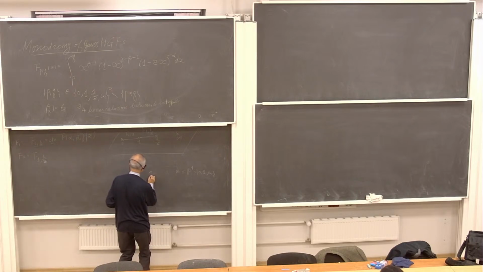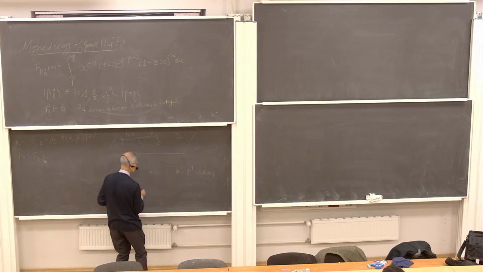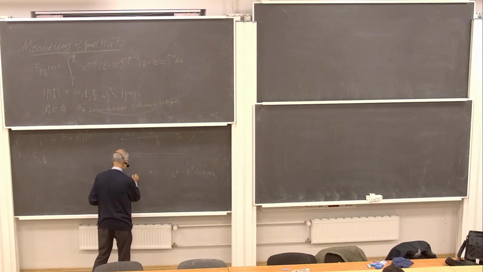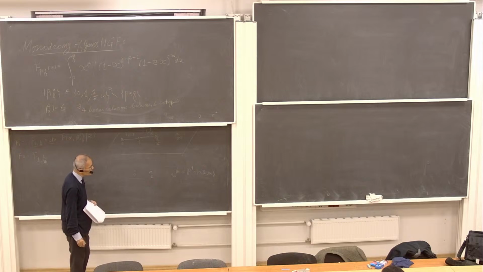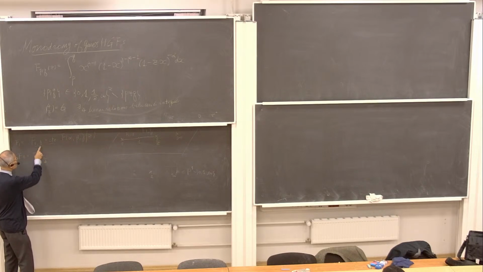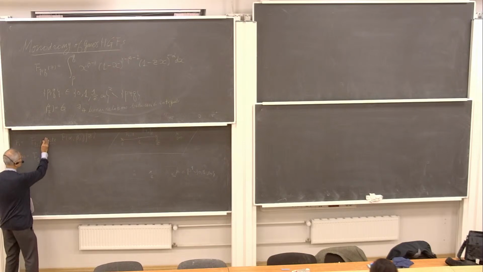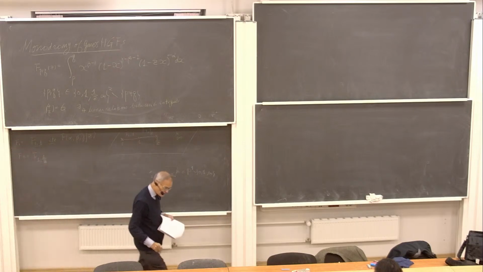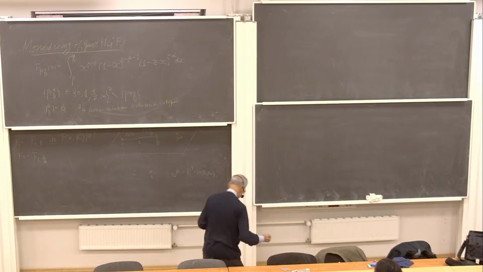So 1 over Z equals 0, that is, say, infinity. 1 over Z equals infinity, that is 0. And 1 over Z equals 1. I have three singular points for these functions, the branching points of these functions in Z, which is a parameter; the functions depend on a parameter.